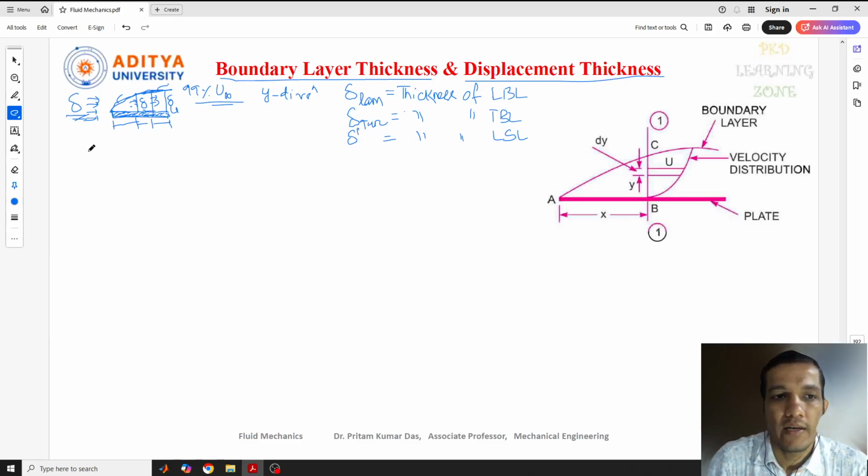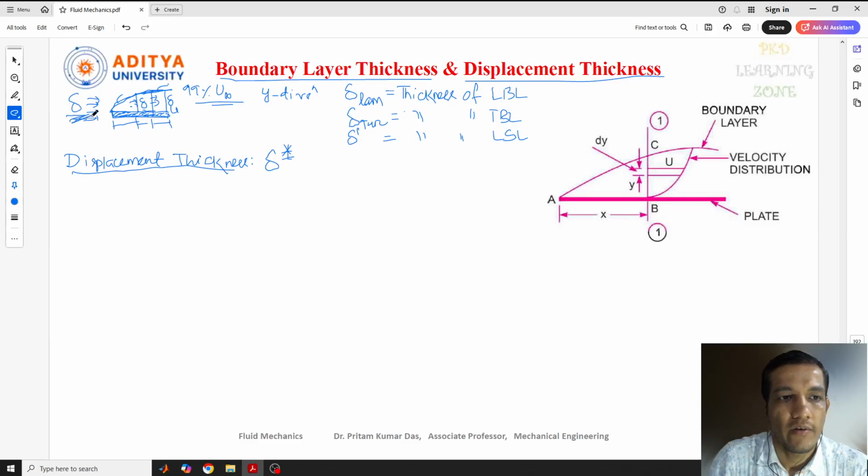Now we will discuss the displacement thickness. The displacement thickness is also a very good concept in fluid mechanics. It is denoted by delta star. Earlier we took delta, and this is now delta star.